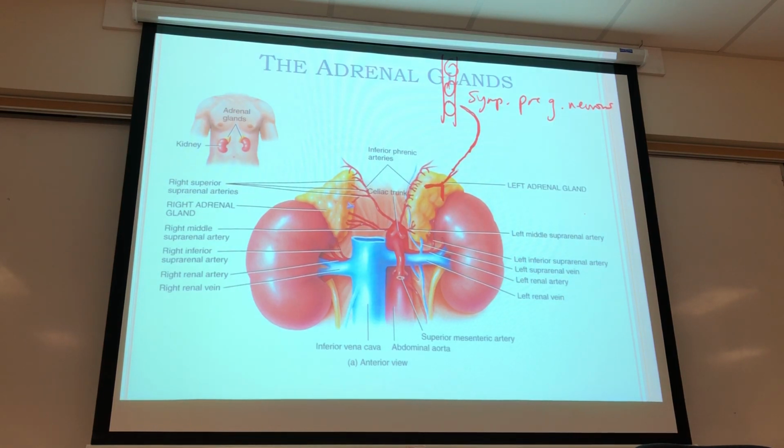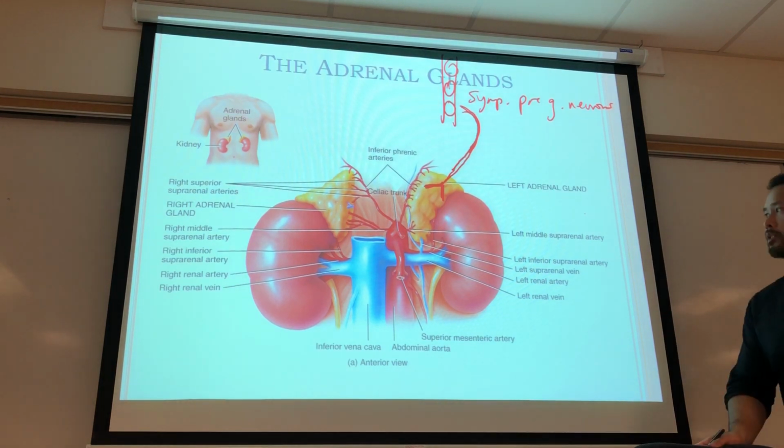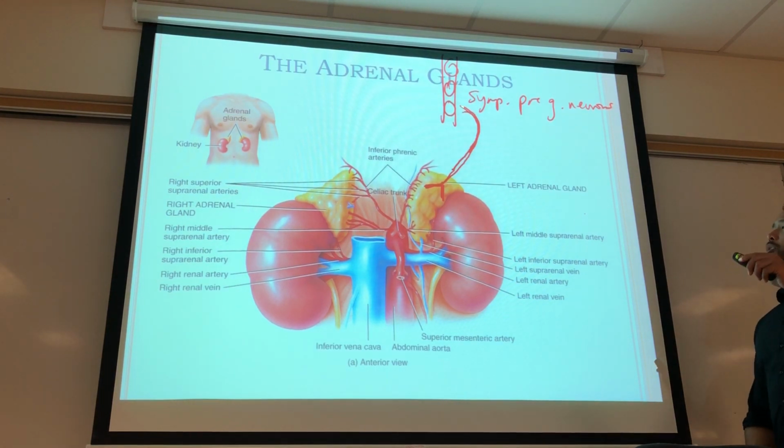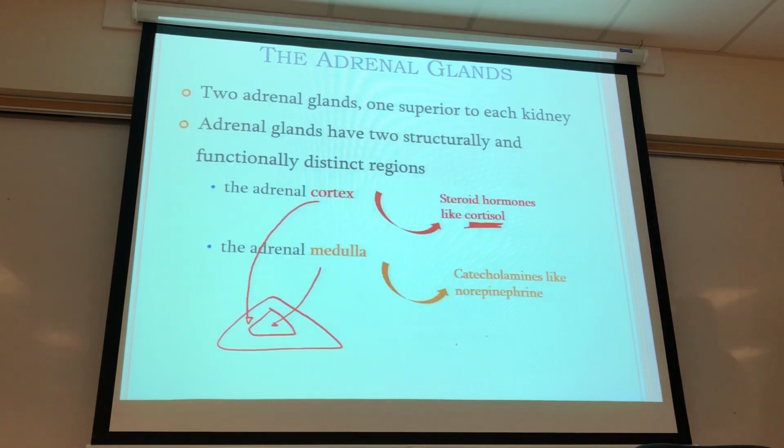Remember what I mentioned in our peripheral nervous system: the preganglionic neurons terminate specifically in the adrenal medulla for the purposes of producing our catecholamines, norepinephrine and epinephrine.